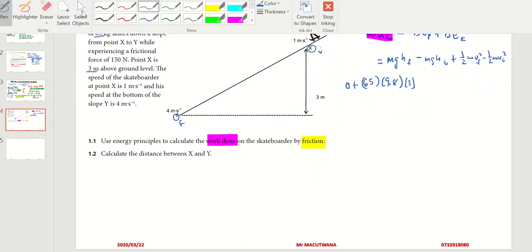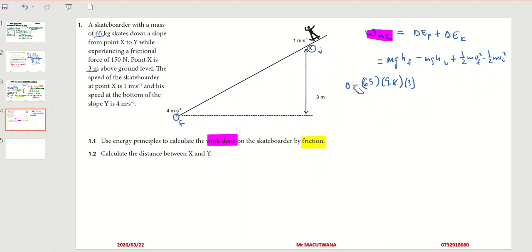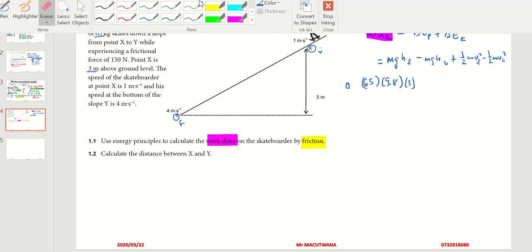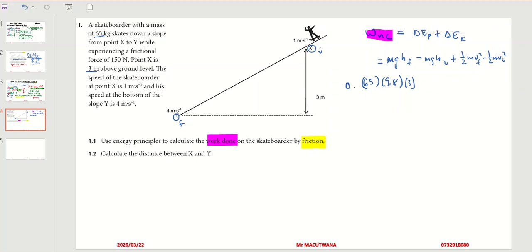All right, let me use minus, not plus. The potential energy will be 0 because your height is equal to 0, because you're on the ground. So if you substitute 0 here, you get 0. Then minus 65 times 9.8 times 3.